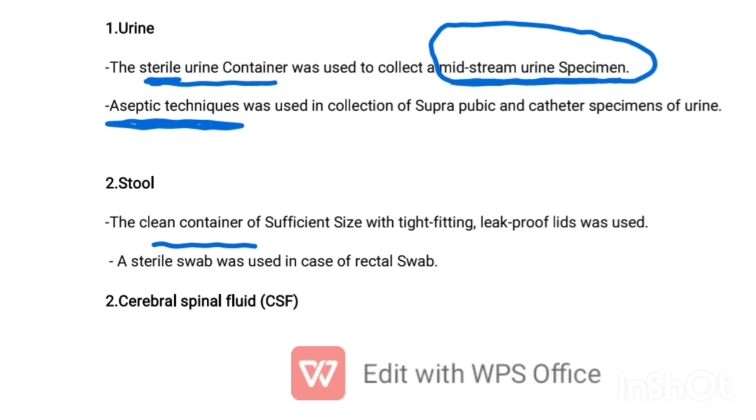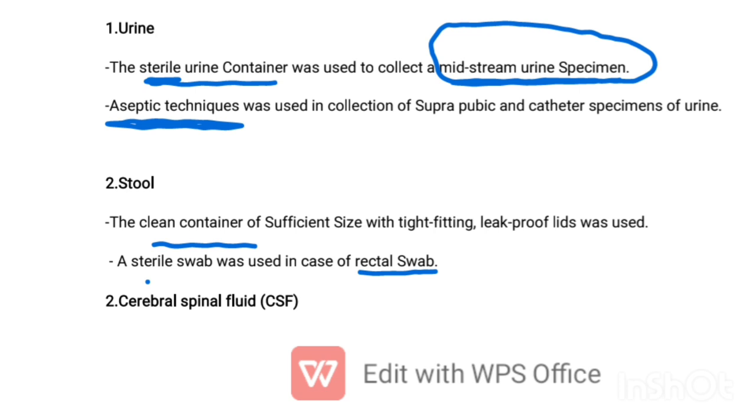It should be enough and very tight, because stool smells badly. Then a sterile swab can be used in case of a rectal swab, mostly used when we are identifying certain parasites.